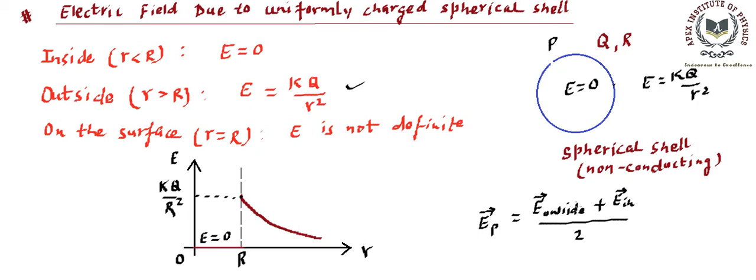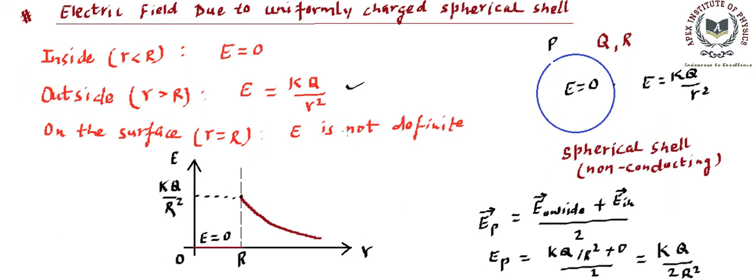That means we take the average of the inside field and outside field. Just outside is the maximum field, and just inside the field is 0. So the field at point P becomes KQ upon R square plus 0, divided by 2. Hence the answer becomes KQ upon 2R square. So at any small hole on the surface of a spherical shell, the field is going to be KQ upon 2R square.